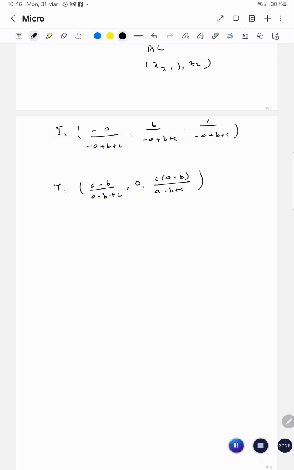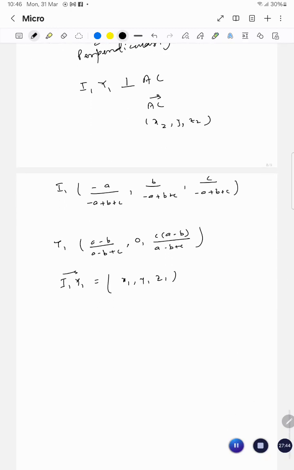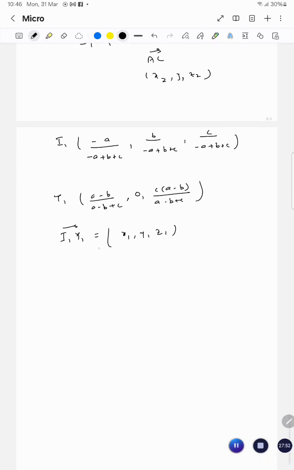So the displacement vector I1 Y1 can be obtained by subtracting these two. Let's call it x1 y1 z1. So using this perpendicularity condition, where x1 y1 z1 are these and x2 y2 z2 are these for AC, we'll get a relation between A, B and C. Call it relation 1, the perpendicularity condition.